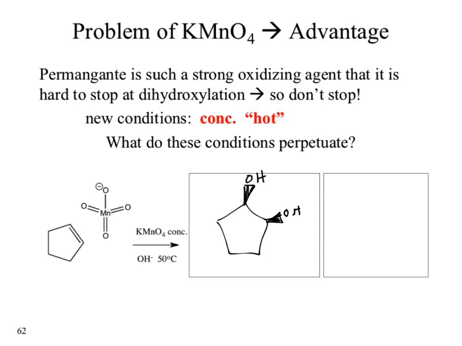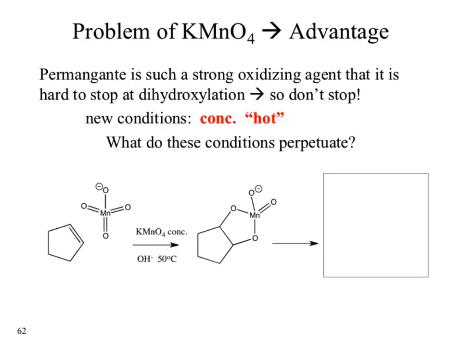Because it's pi bonds, and they're adding on the same side because of that cyclic intermediate, right? Okay. But to get the syn addition, what were the conditions of that reaction? Dilute and cold. I don't know about you, but I don't think dilute is spelled C-O-N-C, and I don't think cold is spelled 50 degrees Celsius. Okay. So there's some modifications going on here.